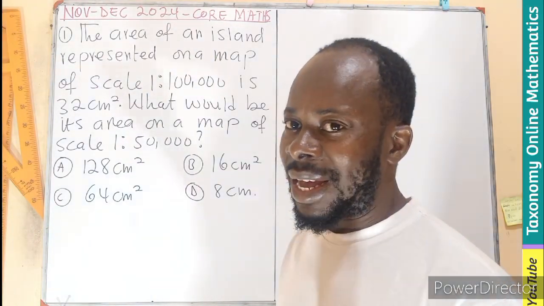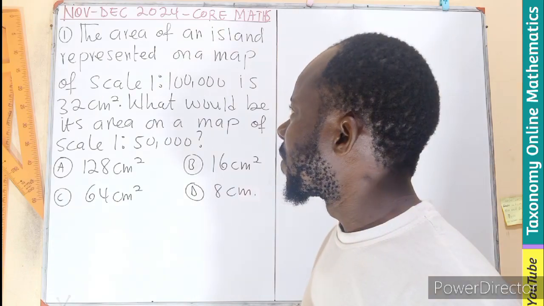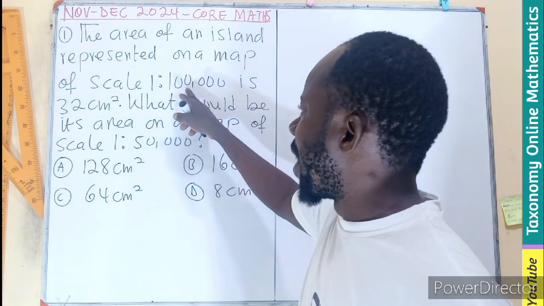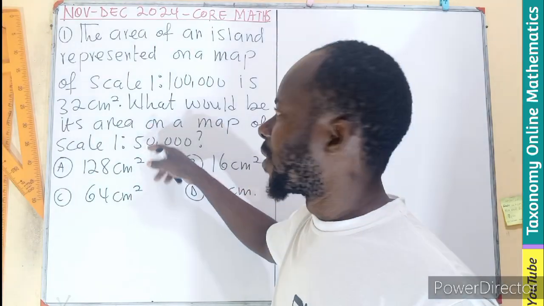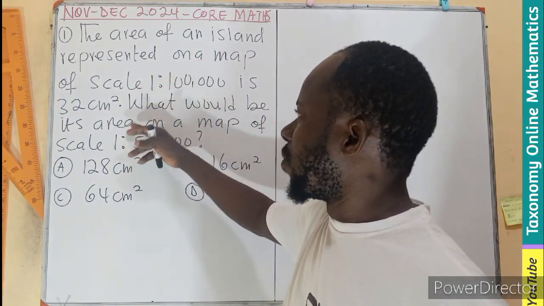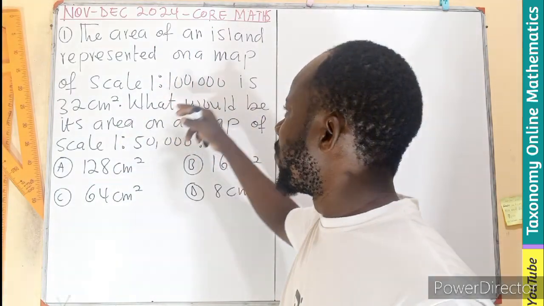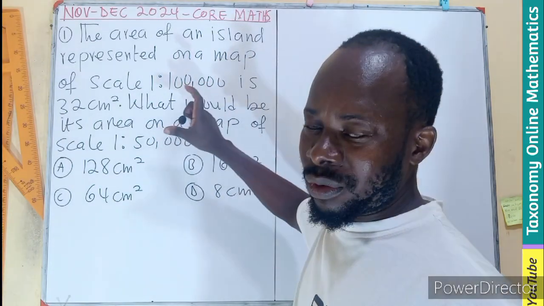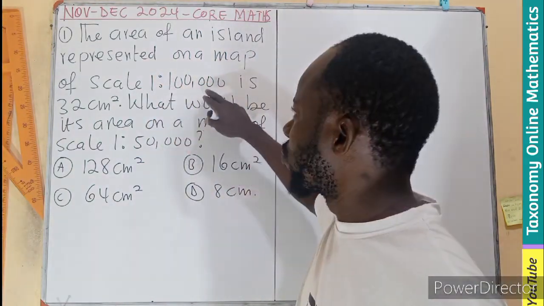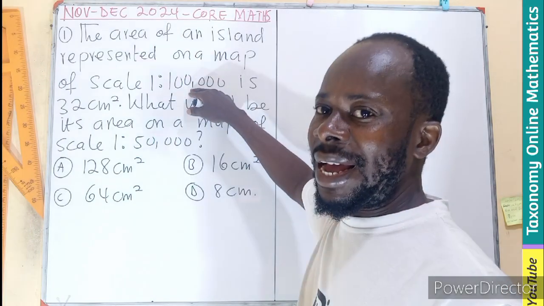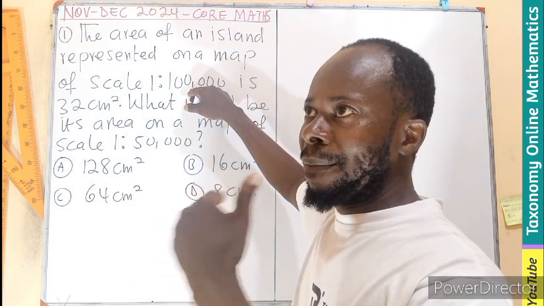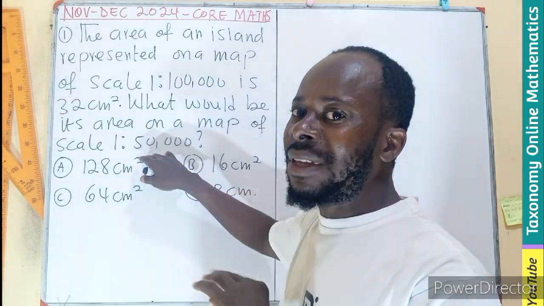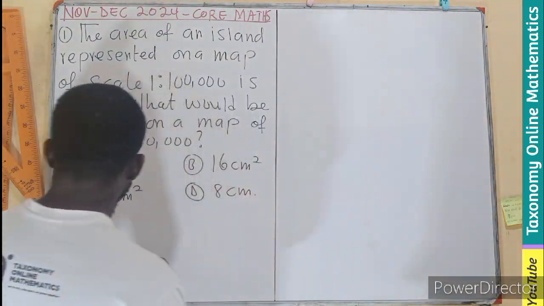So this is a scale drawing. Now, if we are having 100,000 and 50,000, it means that we can ignore the 1 since they're the same and find the scale factor between the two scales, using the scale on the ground, which is 100,000 and 50,000.